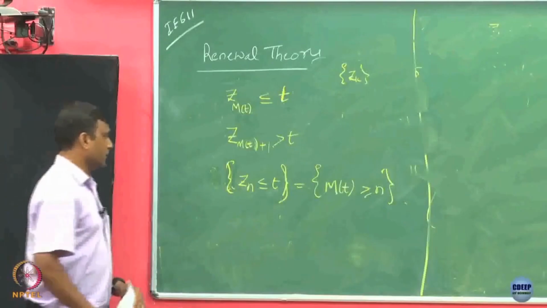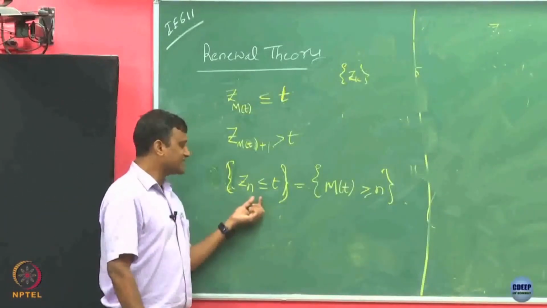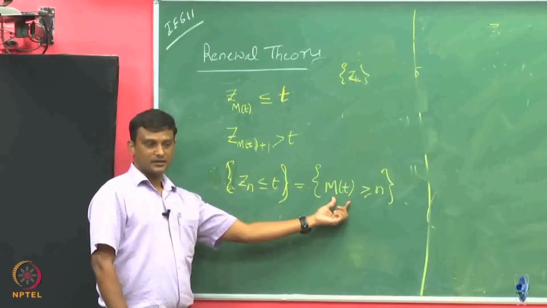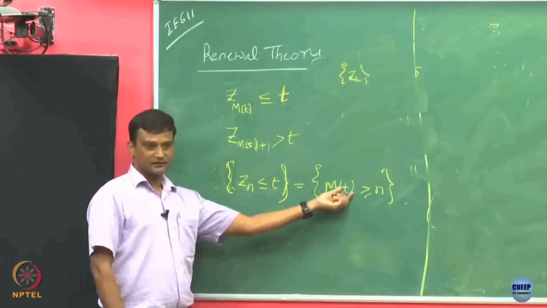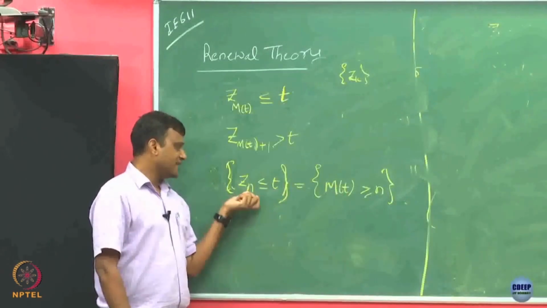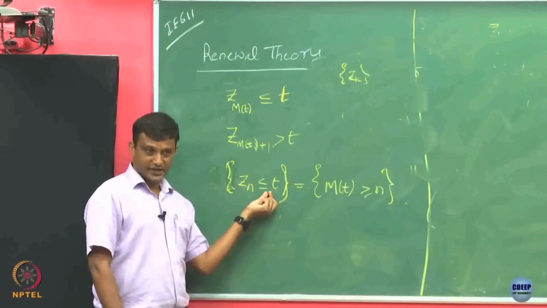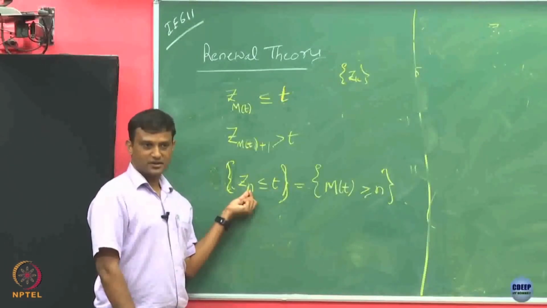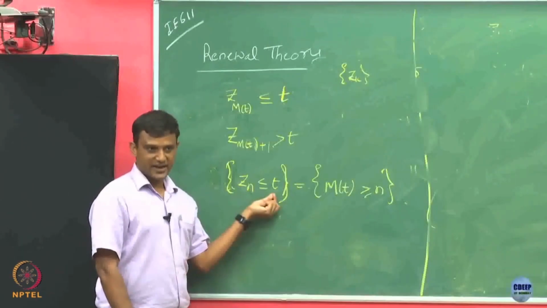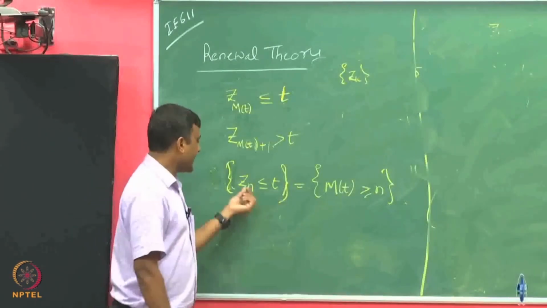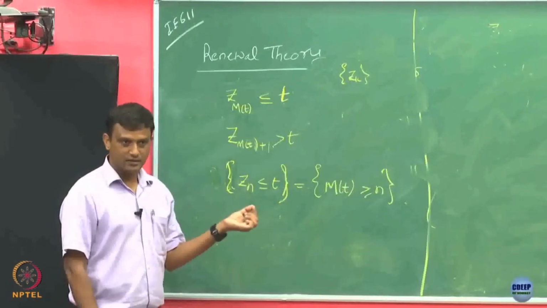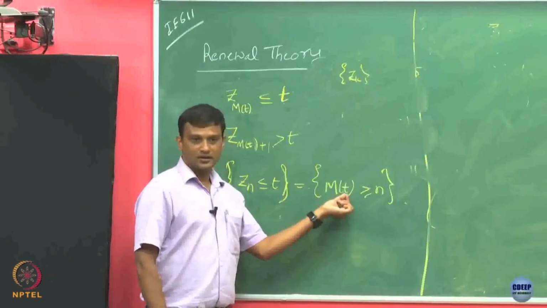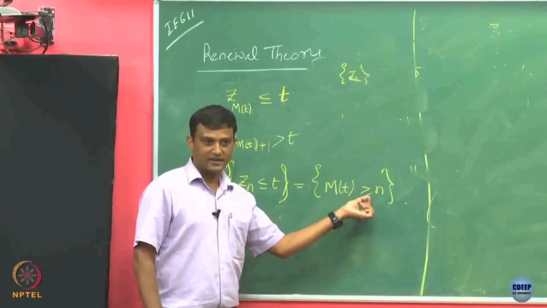Let us first say this event is a subset of this. Suppose Z_n is less than or equal to t. What does this mean? The nth renewal has happened before time t, right? Now if the nth renewal has happened before time t, then M(t) should be larger than or at least equal to n, right?